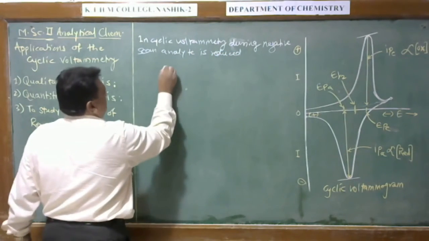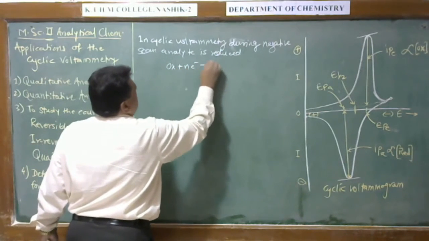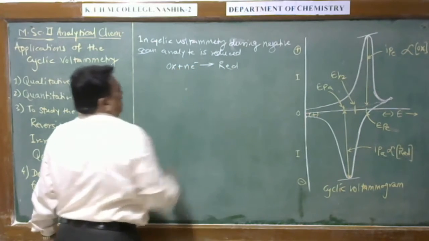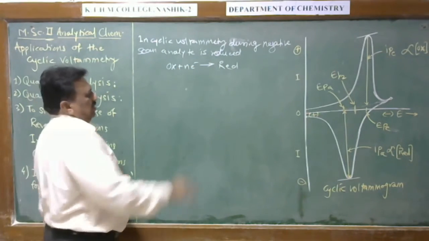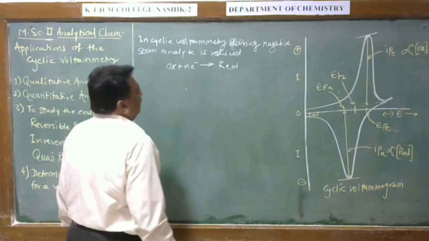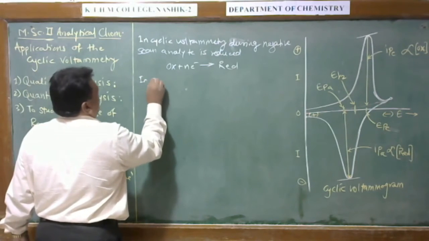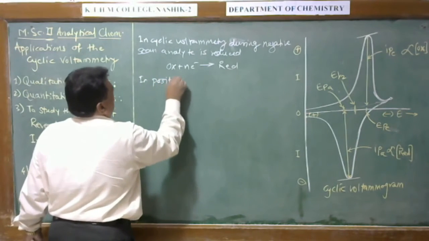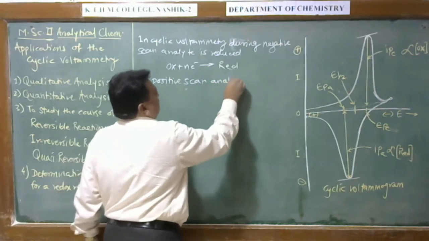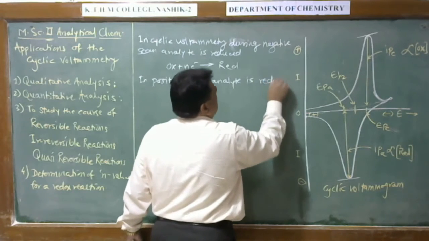That means, suppose that is Ox plus ne, it gets converted into Red. This is the reaction taking place in a negative scan, and in positive scan, analyte is oxidized back.